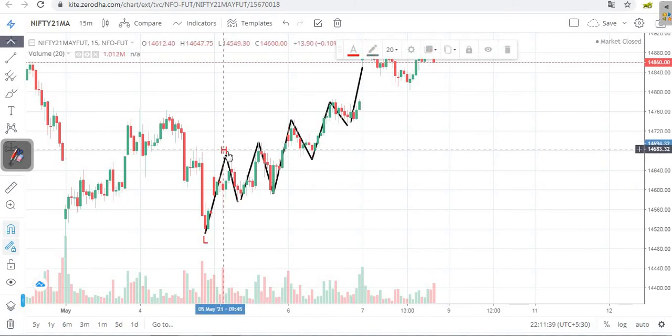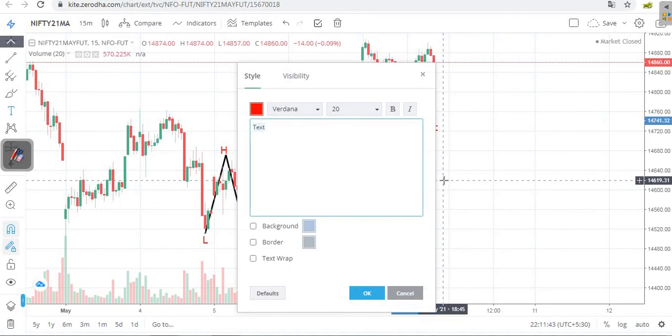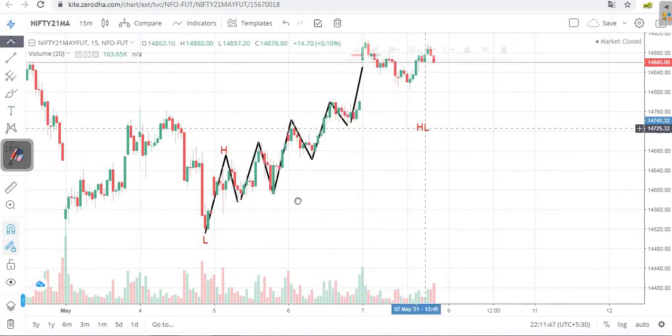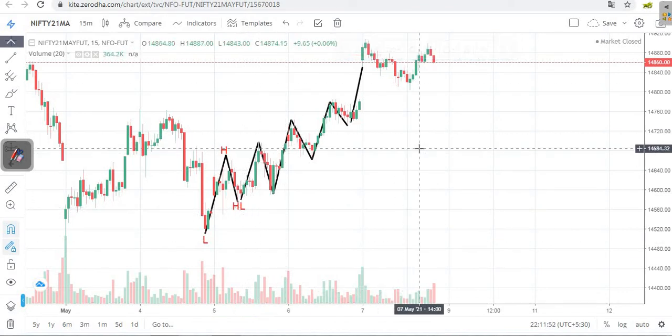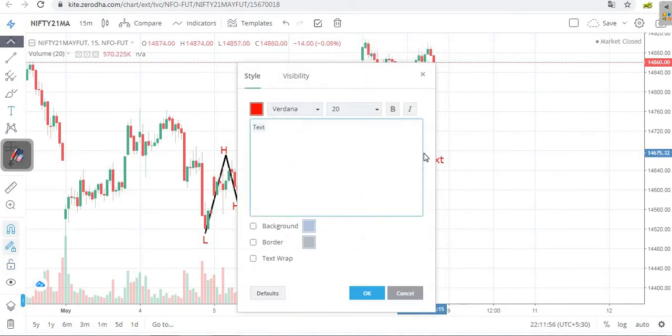That is high, H. What is a correction? The correction is always a higher low. Then higher high.